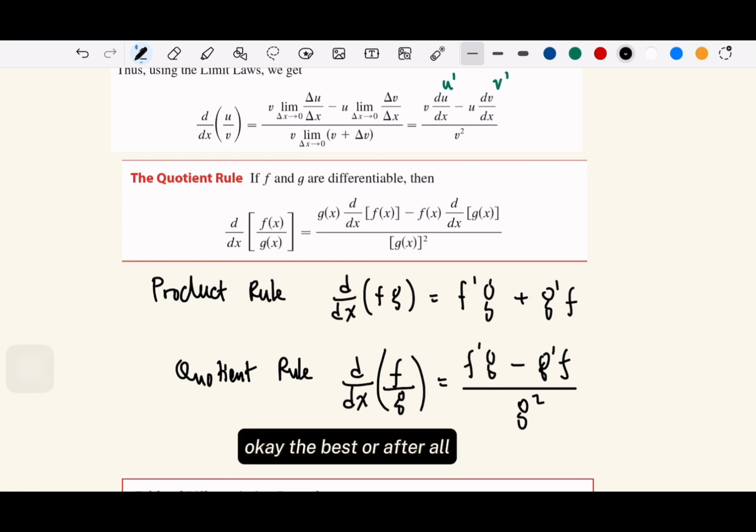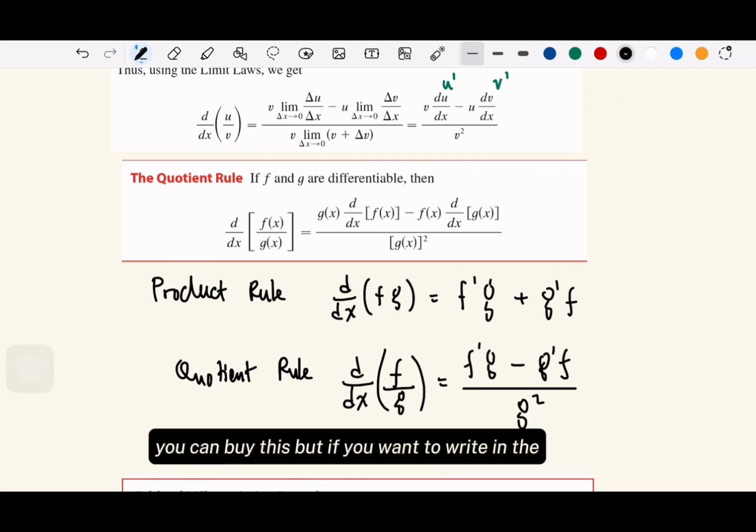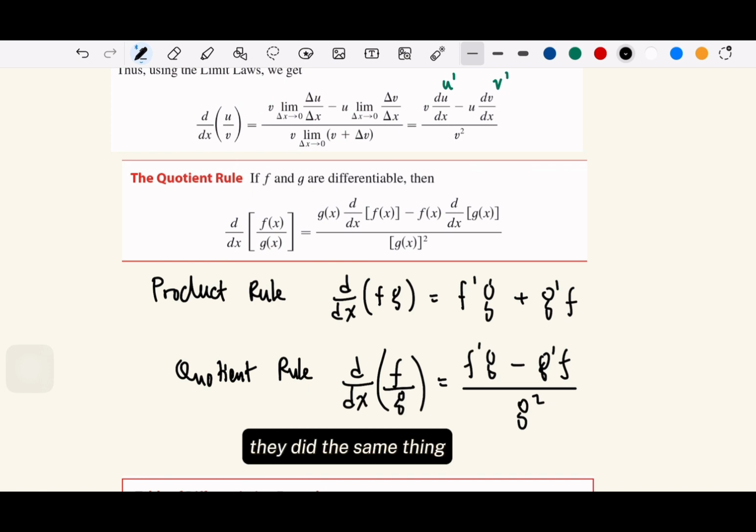Okay, so that's product rule, quotient rule. If you find this helpful, you can write this. But if you want to write in the more direct way, like the textbook, it's okay too. They're the same thing.